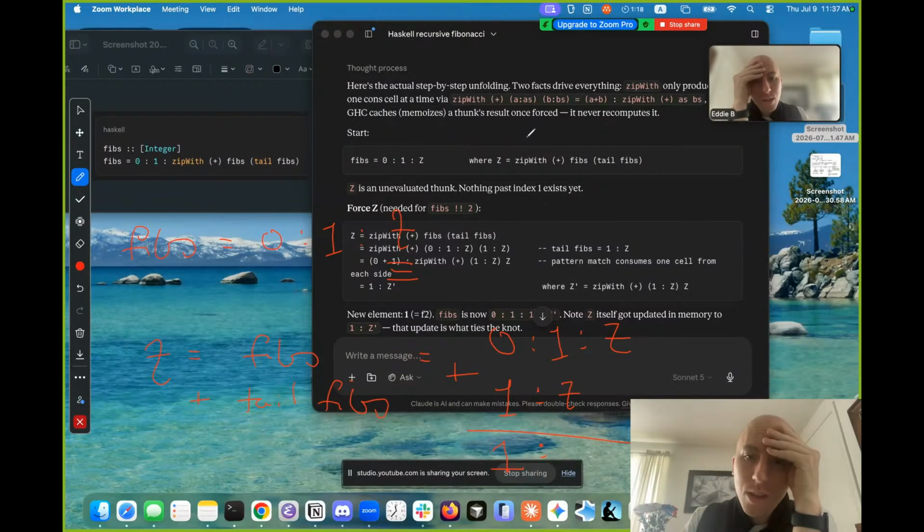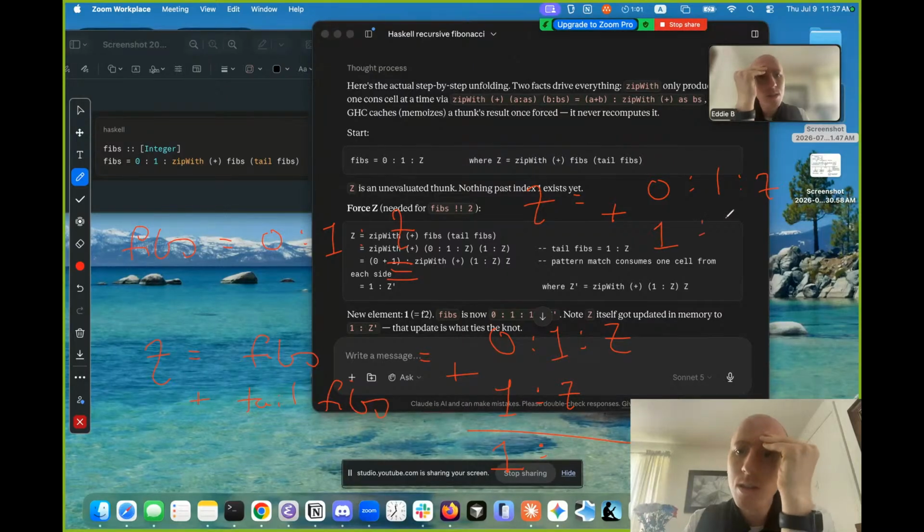Okay, so the original Z was equal to two things being added, like 0, 1, Z like this, 1 and Z. So now we have something that looks similar to that.